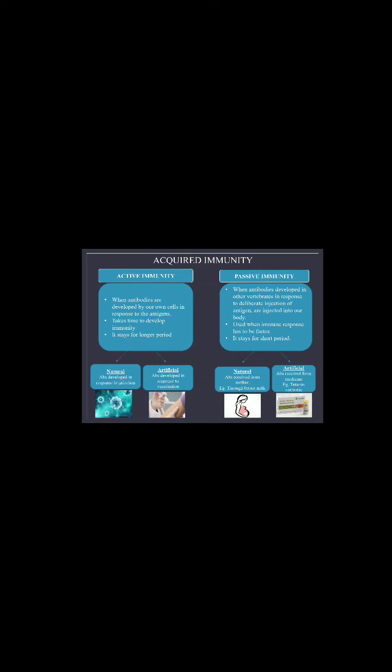And artificial is when antibodies, like in tetanus or rabies, are administered into the body of a person to protect them from that infection. So acquired immunity we are going to study in detail in the next topic.